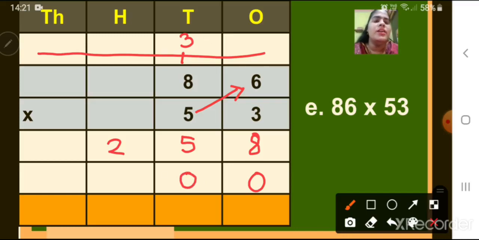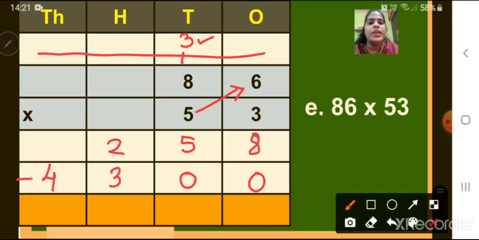Now the next number, 5 8s are 40. Is there any carryover for second digit? Yes, number 3. So we have to add number 3. 40 plus 3 is 43. So I'll write here number 43.